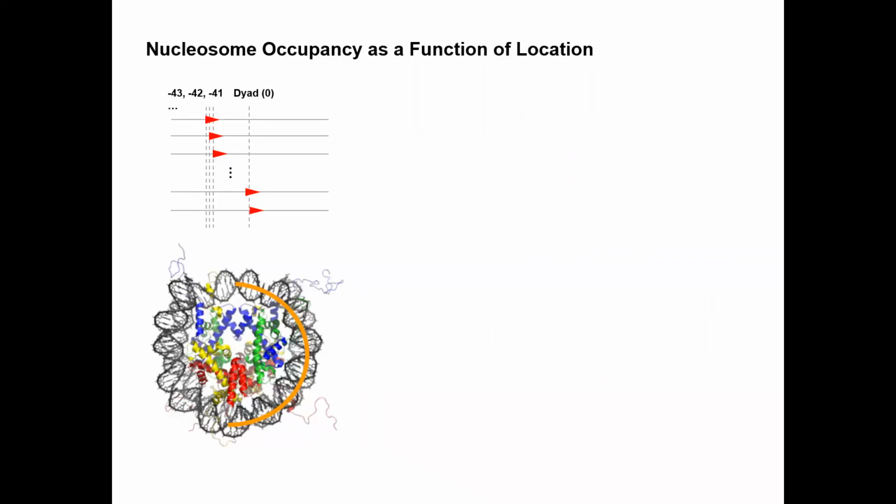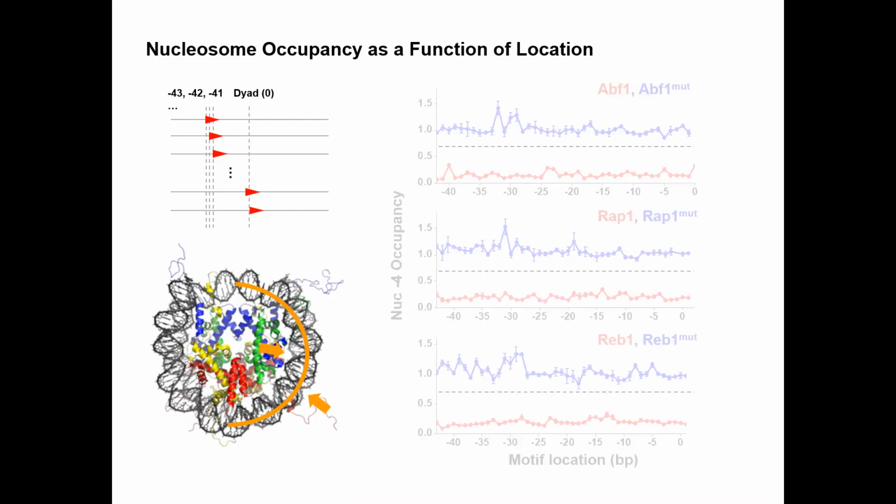One is that as the binding sites approach the dyad, the factor would have a harder and harder time accessing the site. Also, because DNA is a helical structure, we think that binding sites exposed on the outside should have an easier time than binding sites facing inside. So we expect to see a 10 base pair periodicity, but we see none of that.